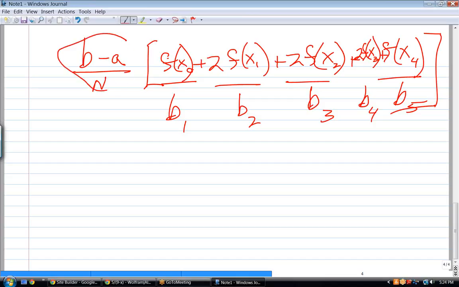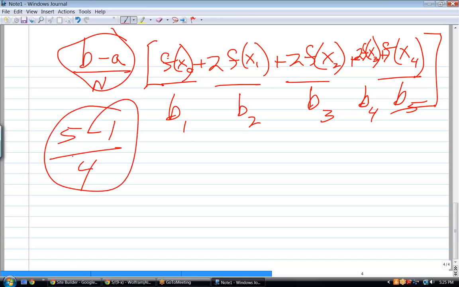And this part over here takes care of 5 minus 1, there's b minus a, divided by 4. So I'm multiplying everything by 1. Notice that if we had more intervals, the height of the trapezoid would be smaller.